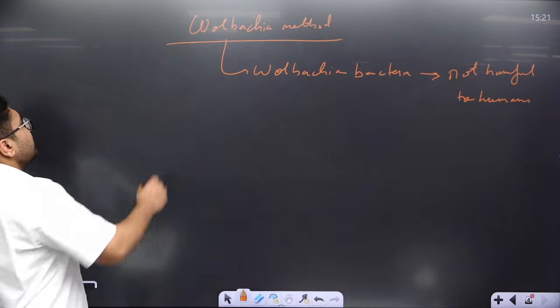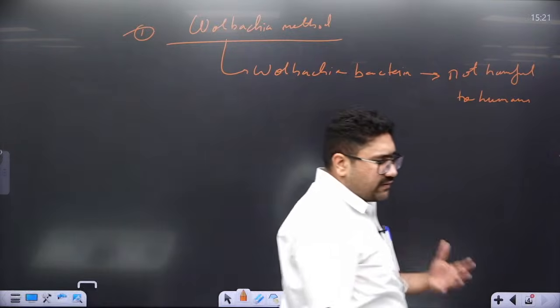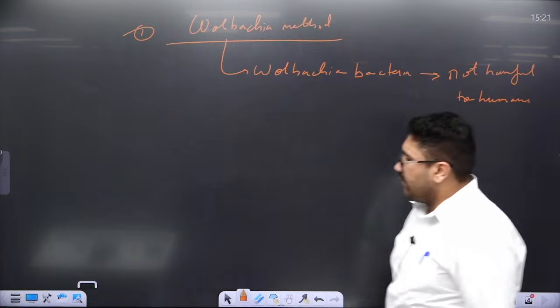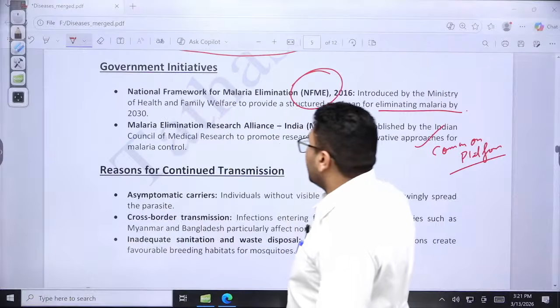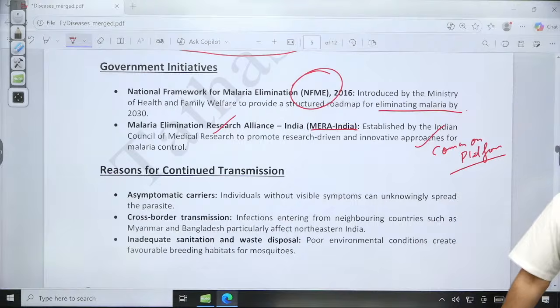It was developed by India in 2022 under the Malaria Elimination Research Alliance. MERA India has been successful in developing the Wolbachia method, where by infecting mosquitoes with bacteria which are able to kill parasites, we can help in reducing the spread of malarial disease.